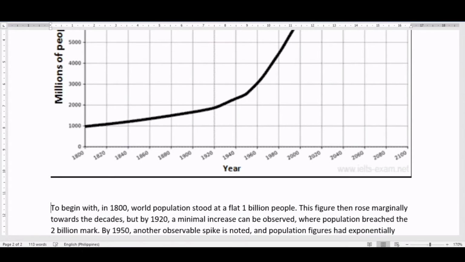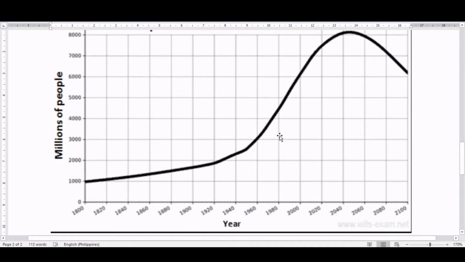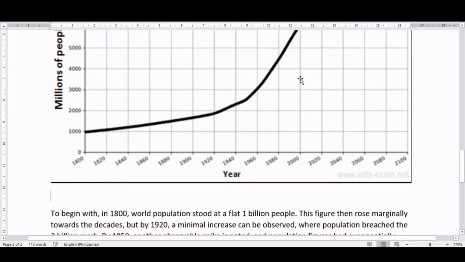Let's now proceed to the second body paragraph, where we will now jump to the 6 billion mark.